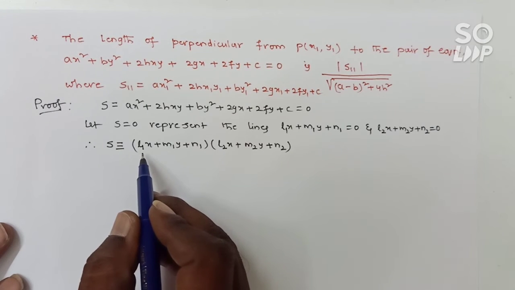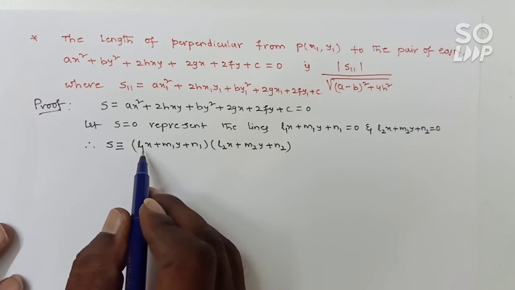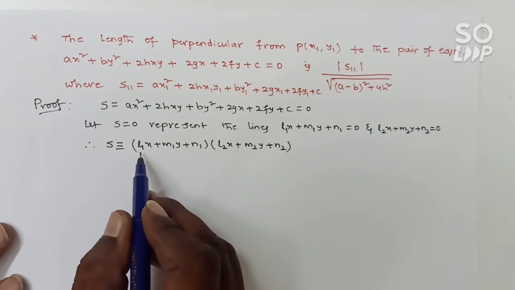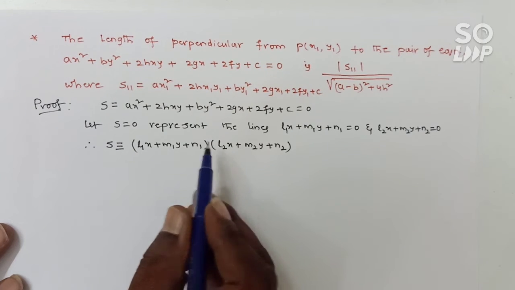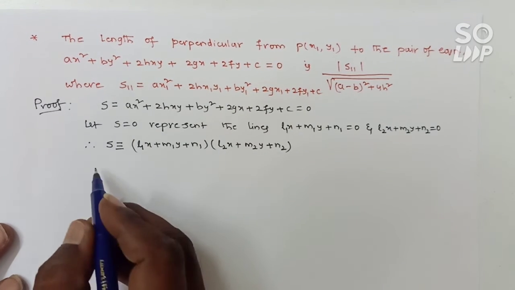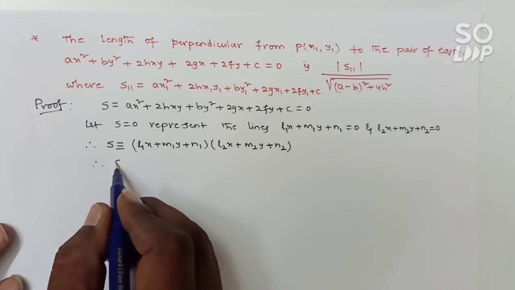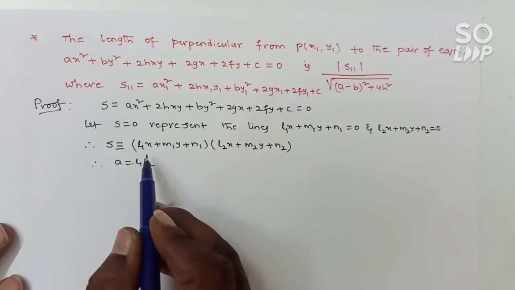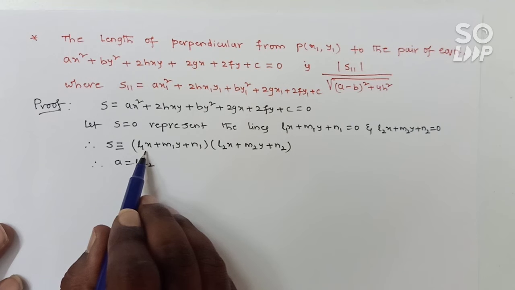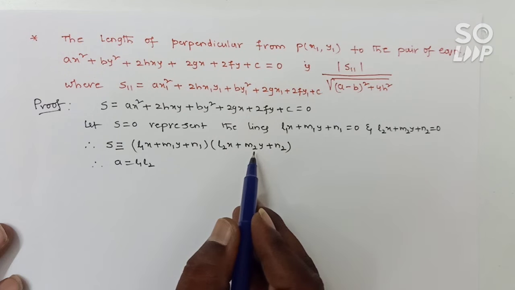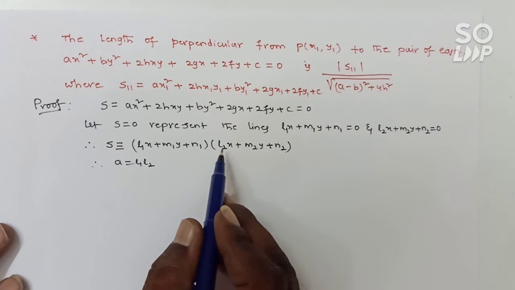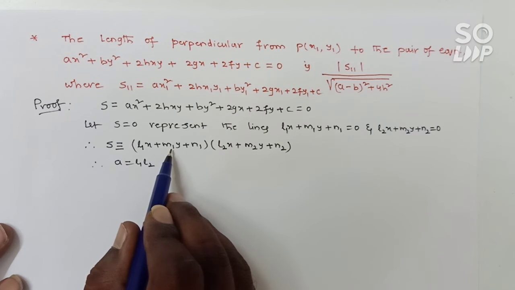First of all, in this product the x square coefficient: by multiplying only the x terms, you get the x square coefficient, that is L1 into L2, which equals A. So A equals L1 into L2. Next the x into y term: in the first factor you multiply the x term with the y term in the second, and the x term in the second with the y term in the first factor.